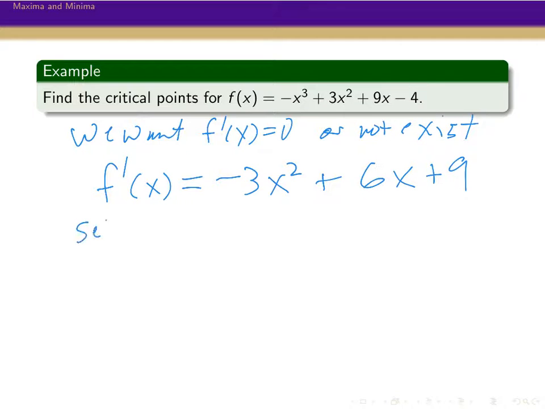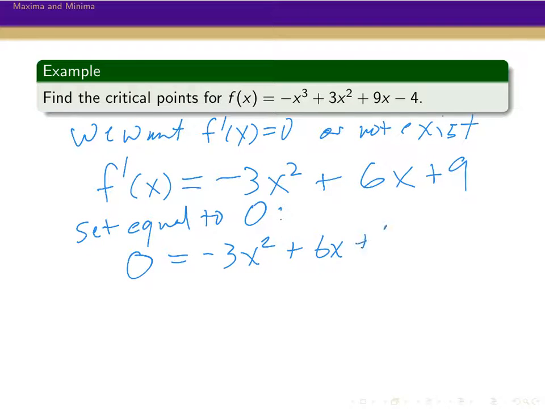Next, we're going to set it equal to 0. So 0 is equal to minus 3x squared plus 6x plus 9. I can factor a minus 3 out: x squared minus 2x minus 3.